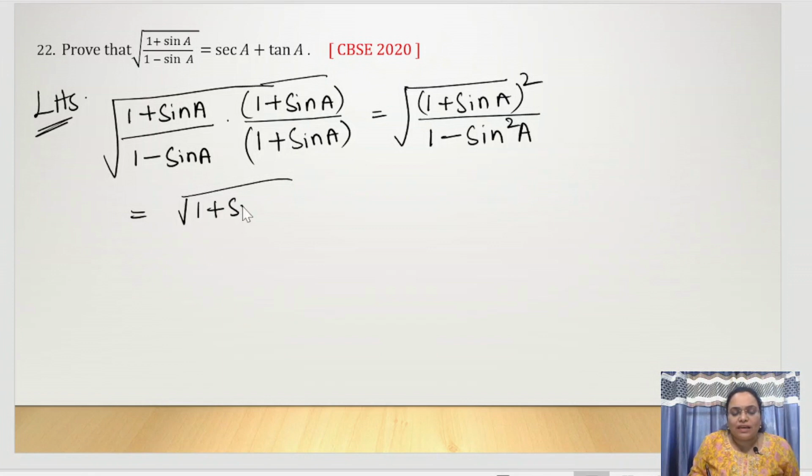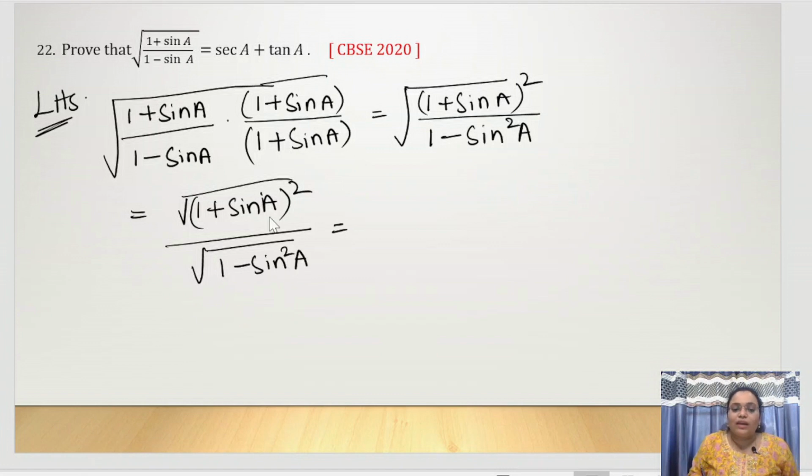(1 plus sine A) whole square divided by root of 1 minus sine square A. Okay, here square and root will get cancelled.